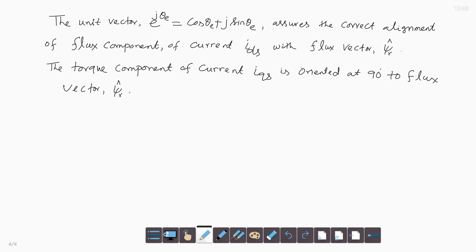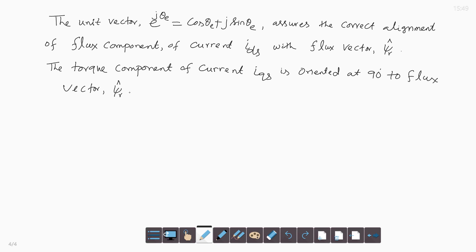So, this is ensured by the unit vector: the orientation of the flux component of the current IDS with the flux vector psi r, and the torque component oriented 90 degrees to the flux vector. This is the vector orientation, and it is achieved by the unit vector.